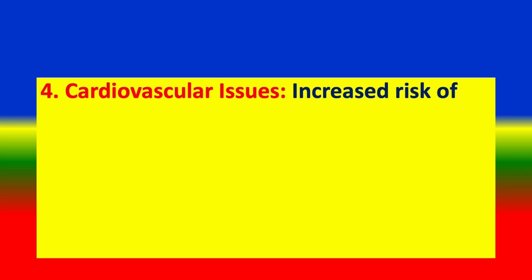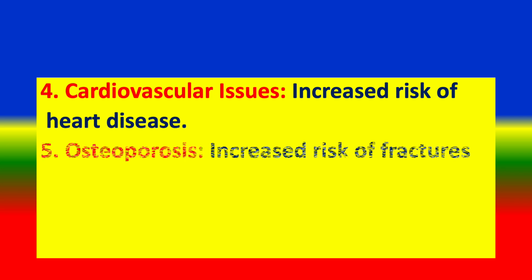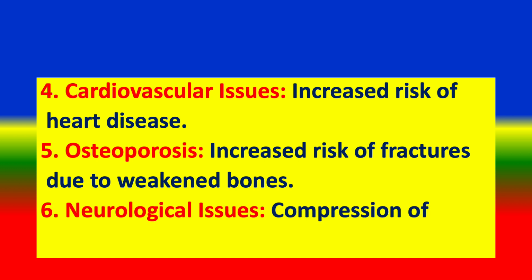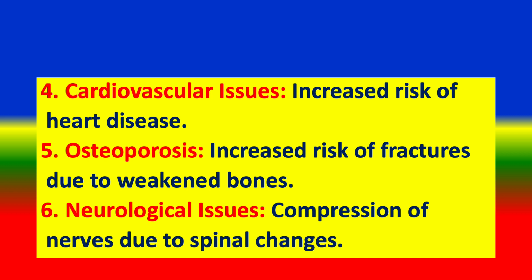Cardiovascular issues, increased risk of heart disease. 5. Osteoporosis, increased risk of fracture due to weakened bones. 6. Neurological issues, compression of nerves due to spinal changes, as we had seen in that CT and MRI.